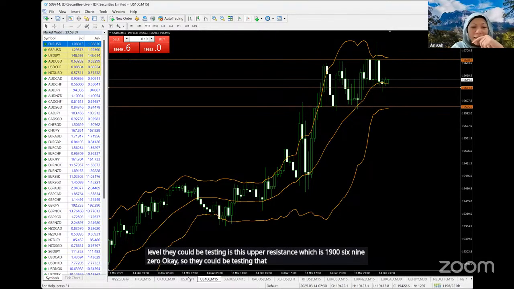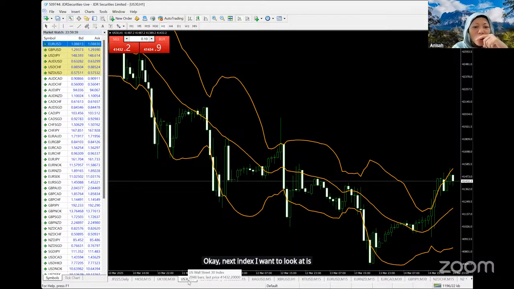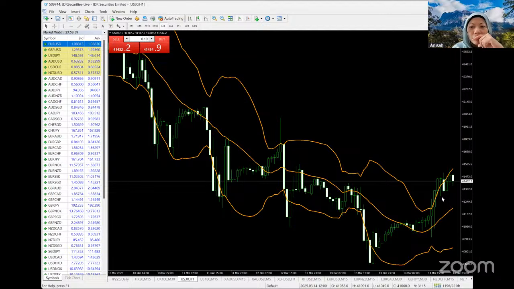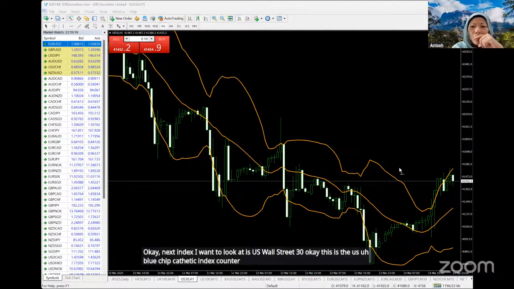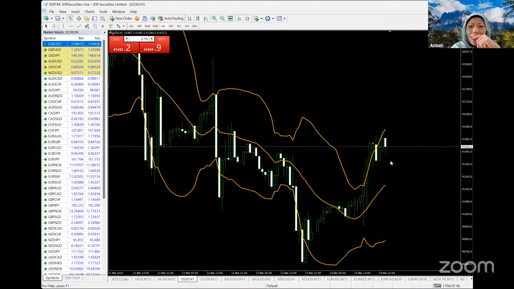Okay, next index I want to look at is US Wall Street 30. This is the US blue chip 30 index. As you can see, the current price is 41,432.2, so this is the lowest low.